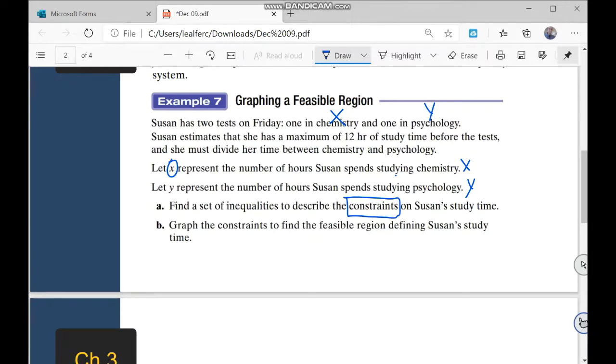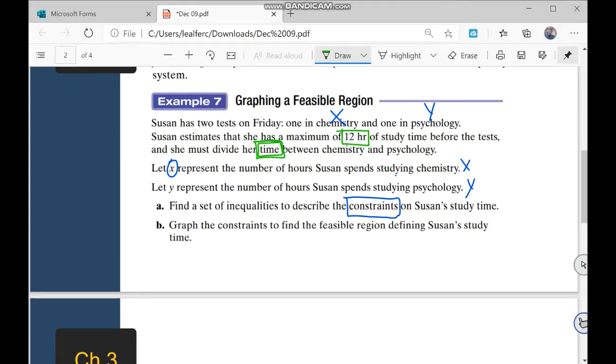And the main limitation that Susan has, that you have, that I have, is time. We have limited time, right? We have lots of things to study, lots of things to do, and we have very little time. That's the main limitation that Susan has.